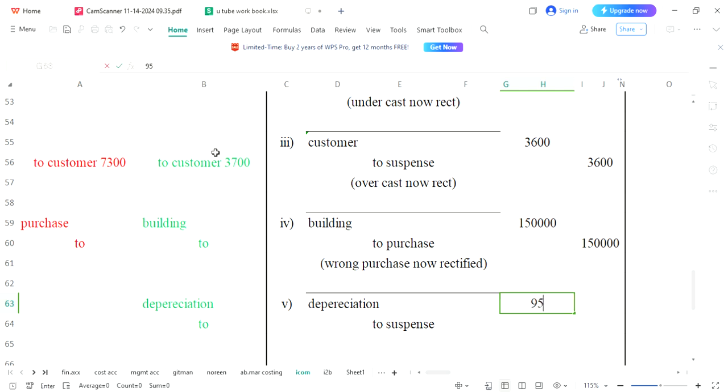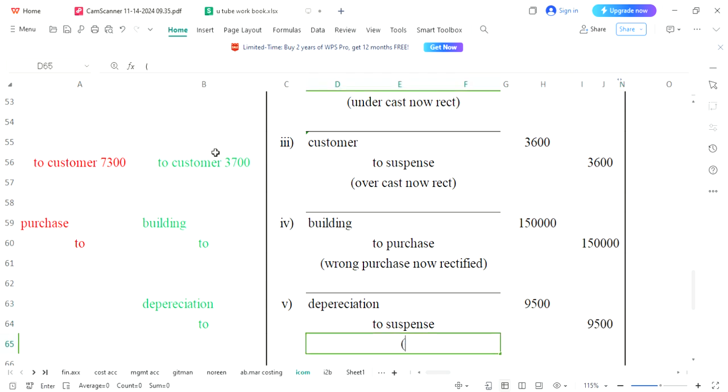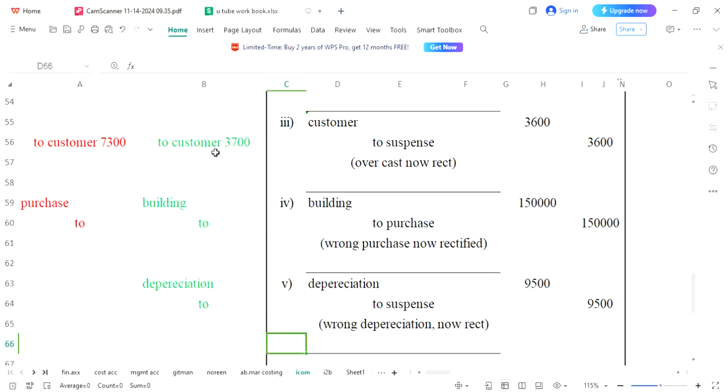It would be written on the debit side, and the same amount we will write on the credit side. The entry is completed. So the wrong depreciation is now rectified. 5 entries completed.